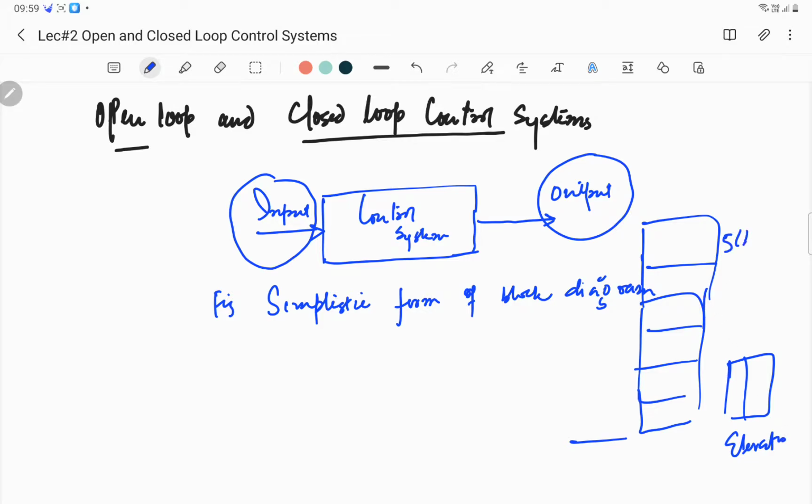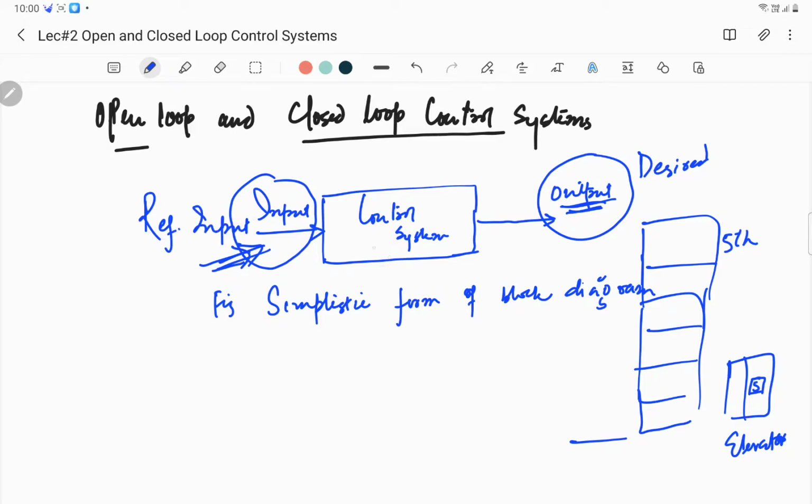Once we enter the elevator, we press button 5. So pressing of the button is the input or the reference input, and eventually when the lift moves up, we reach the fifth floor, and that's the desired output. So in general, it takes an input and produces an output, which is also called the desired output. This input is also called the reference input.